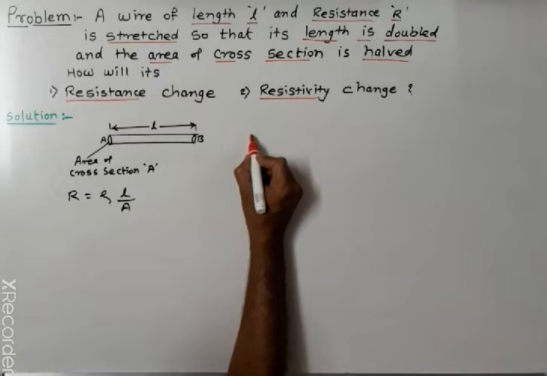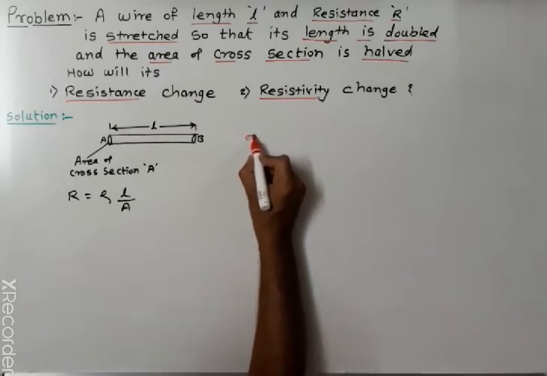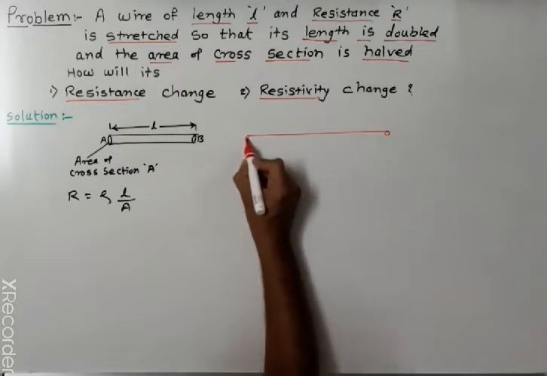So the area of cross section is half, and this length will be double like this.